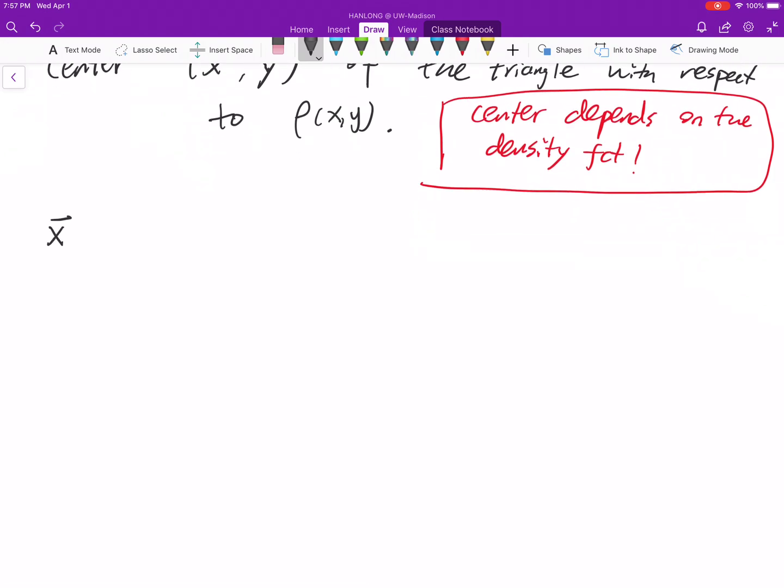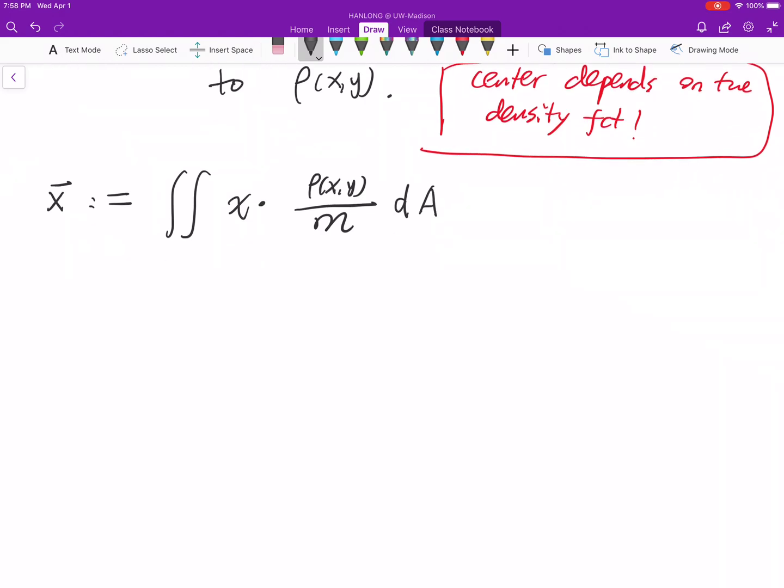And the x coordinate is given by the following integral: x times density divided by the total mass, and then do the integral. Similarly, y bar is equal to the integral of y times rho xy divided by m, dA.